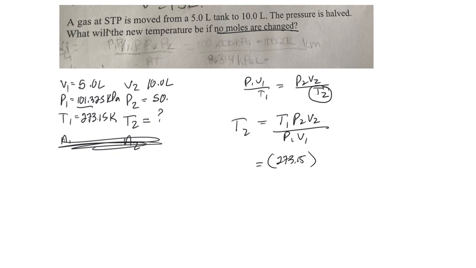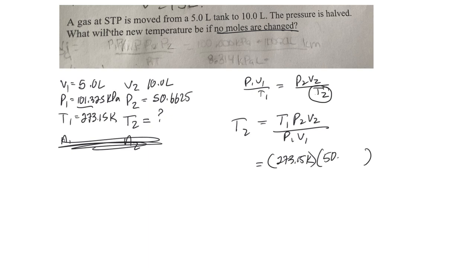So T1 is 273.15 Kelvin. Pressure 2, it's halved. So whatever, I'll figure that out. 101.325 divided by 2 is 50.6625.